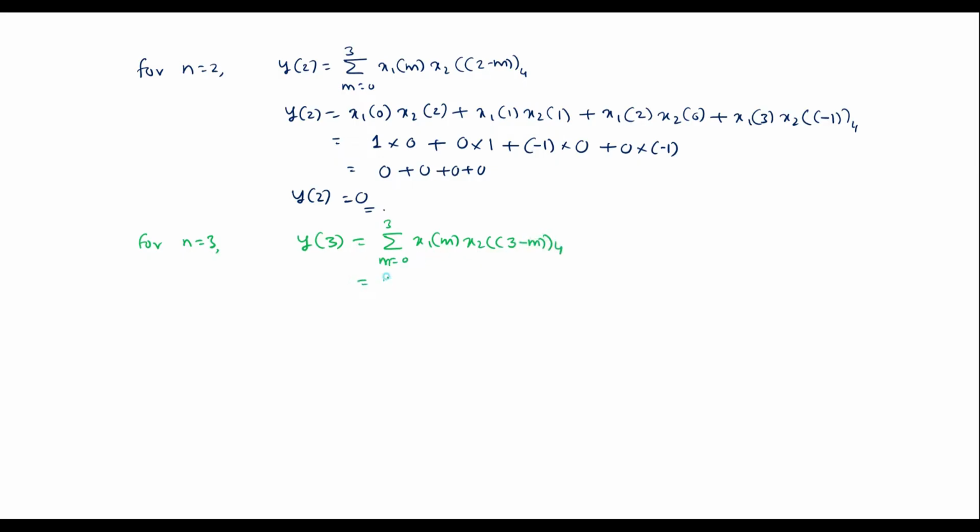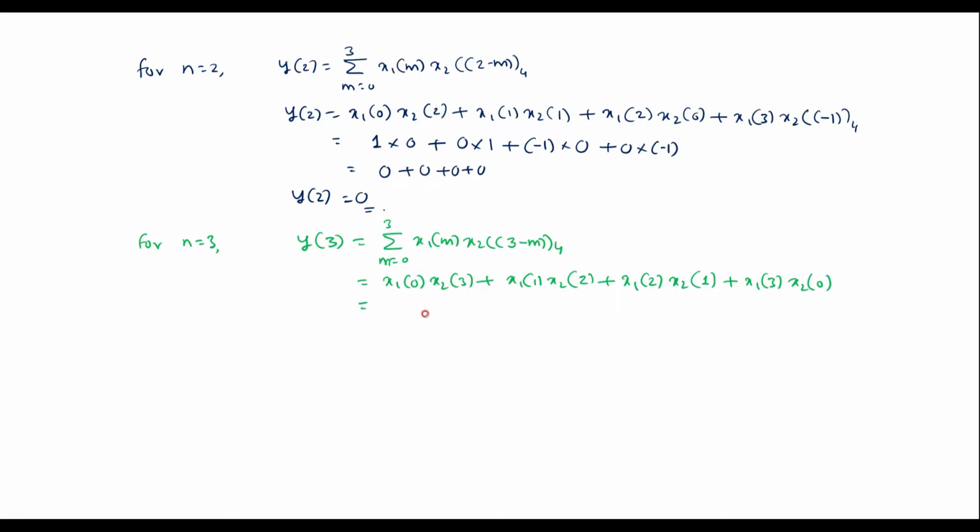Simplifying this, x1 of 0, x2 of 3 plus x1 of 1, x2 of 2 plus x1 of 2, x2 of 1 plus x1 of 3, x2 of 0.